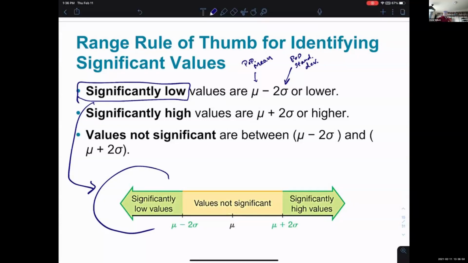Because the ones that are not significant, about 95% of the data, are in there. So to be in the significant extremes, there's only 5% of the data that's small enough to be that low or big enough to be that high. So you're usually thinking that there's maybe 2.5% of the data that's significantly high and 2.5% that's significantly low.